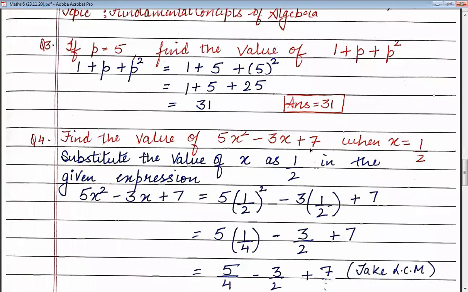Let us read one more time. 5x square minus 3x plus 7, and the value of the variable is half. What is the variable? x is equal to half. So now you have to substitute x as half in the algebraic expression. So now let us see.